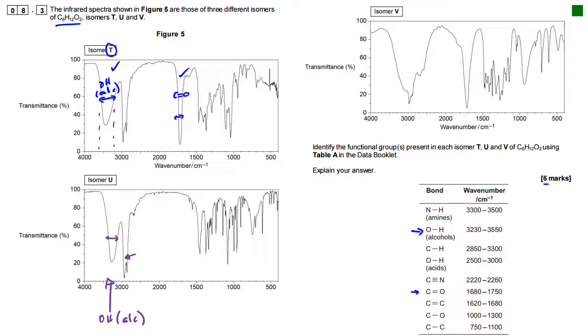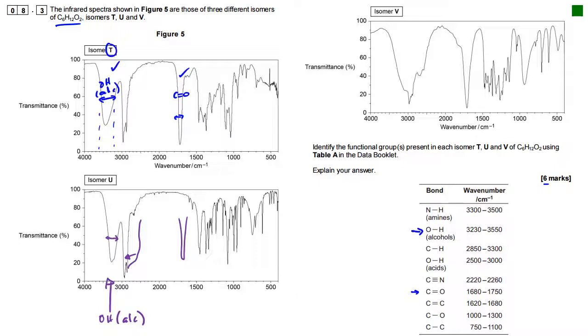It sort of looks like it could be the OH group of an acid, but it would have to be a bit broader like that to be the OH group of an acid. And what's more, we've only got 2 oxygens in the molecule, and we can't have the OH of an acid without also having a carbonyl group there as well. Okay, so we're going to ignore that.